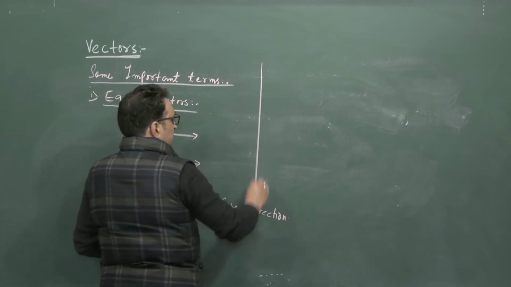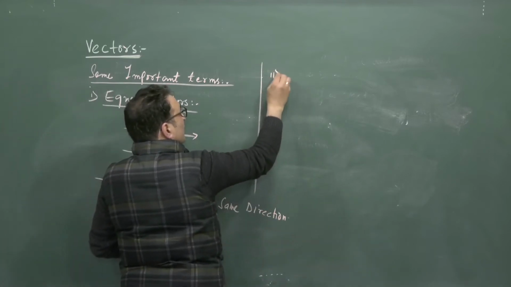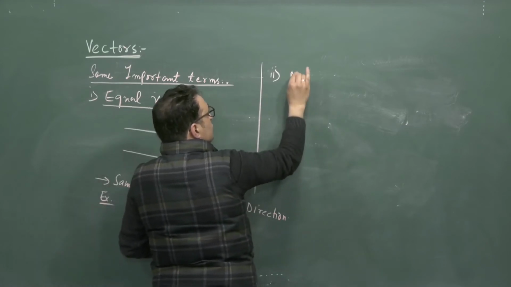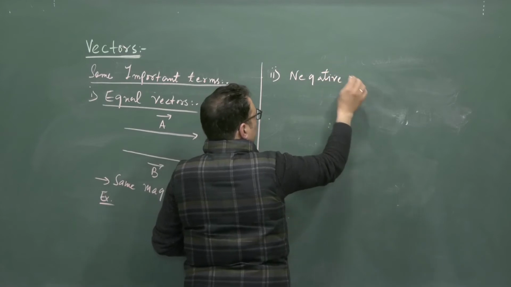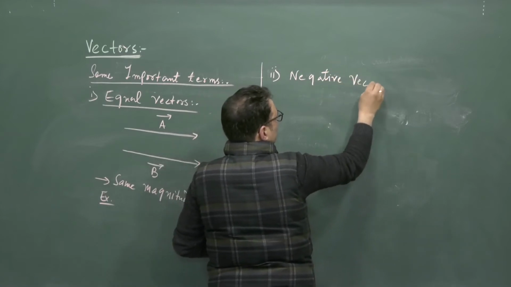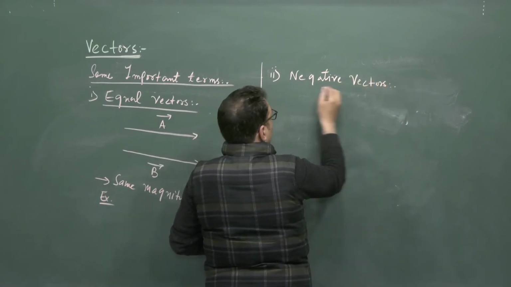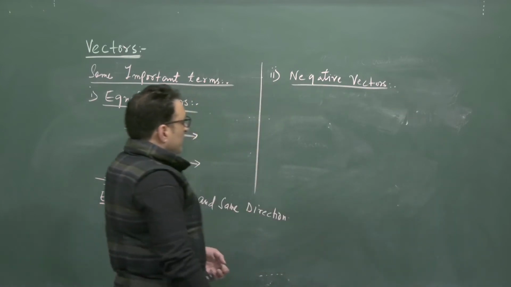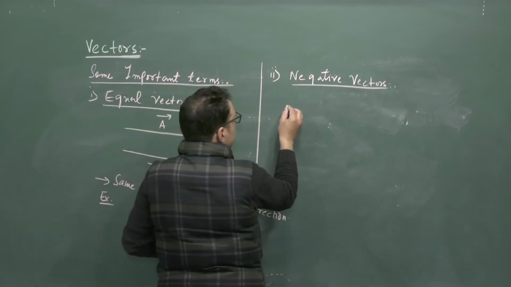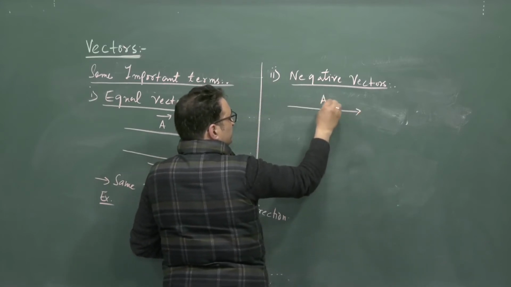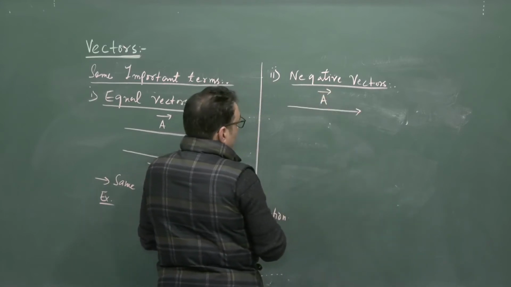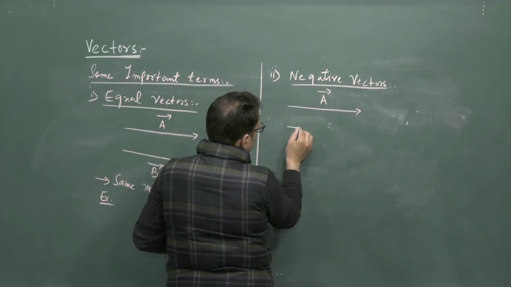Now, number second, negative vectors. First of all, let me draw the diagram. Let this be vector A, and let me draw another vector.